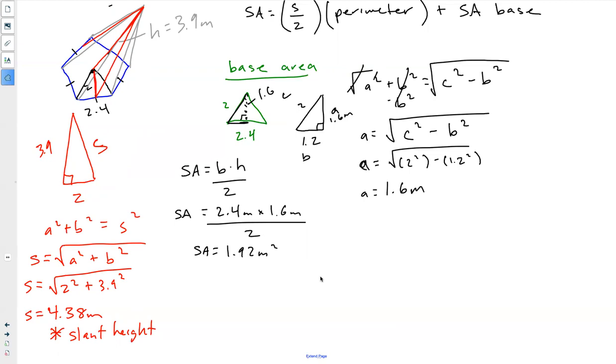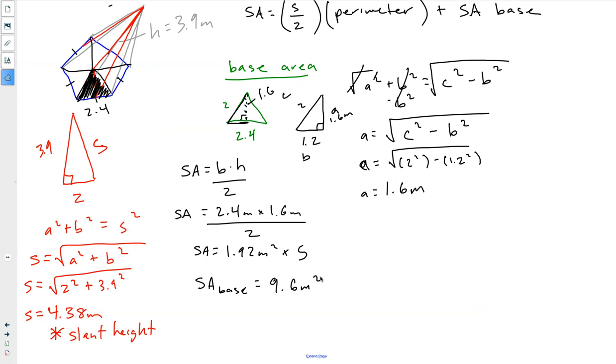Okay, but that's only for one triangle up here. Okay, that's only for that one triangle there. There are 5 triangles in a pentagon, so I need to multiply that by 5. And this will tell me the surface area of the base is equal to 9.6 square meters. Okay, so now I have the surface area of the base.